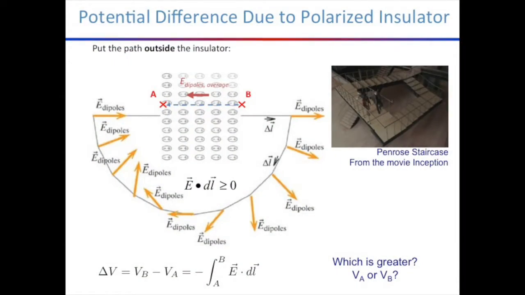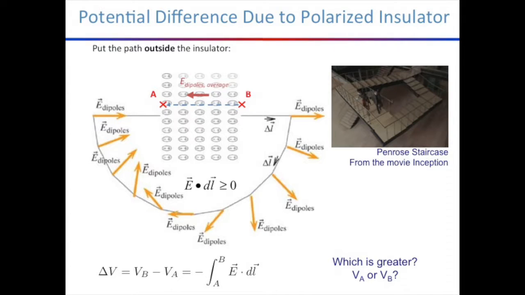If I know that in going this way I'm hiking down the hill, then whatever complicated things happen inside here, I know that the height difference between those is the height difference. I'll get the same answer no matter which path I take, no matter whether I go outside the material or inside the material. And if the electric field's pointing out this way, which one of these voltages is the greater voltage?